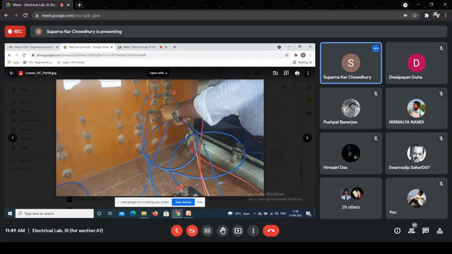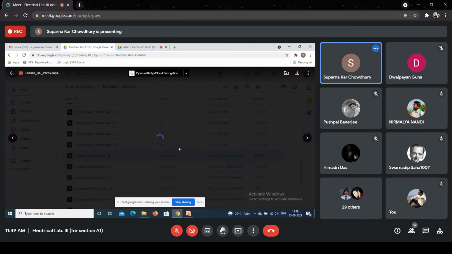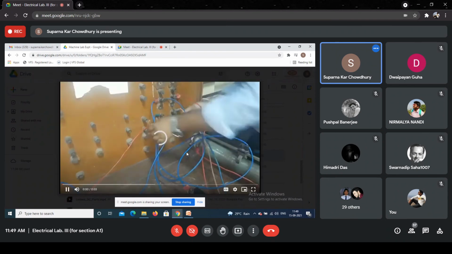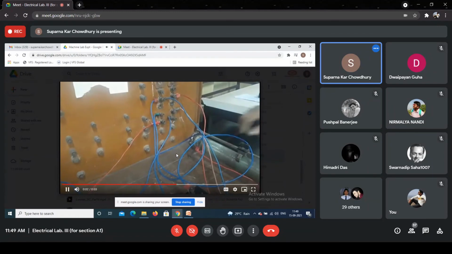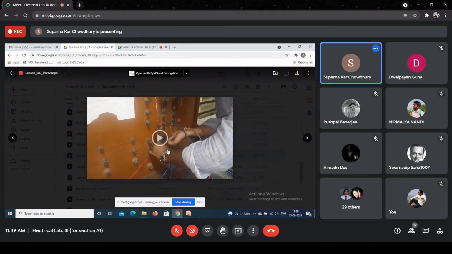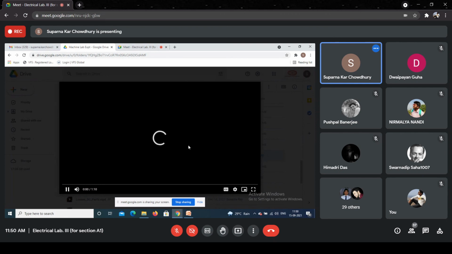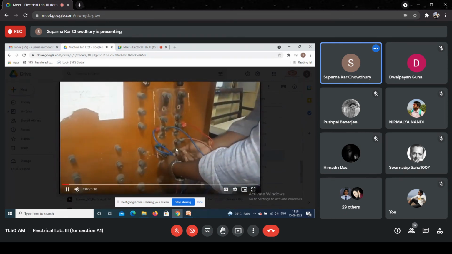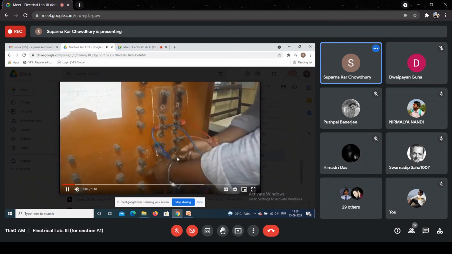So this is the circuit. This is the rheostat. We have connected the potential divider and the ammeter. So the voltmeter has to be connected.